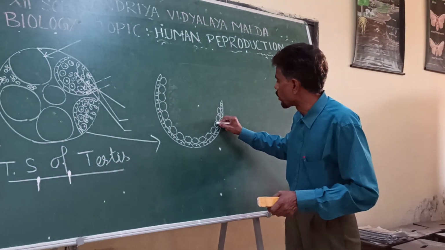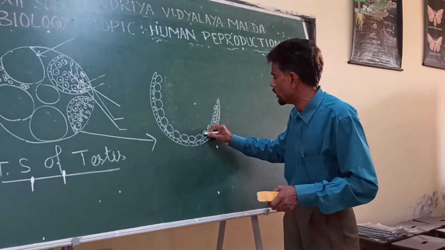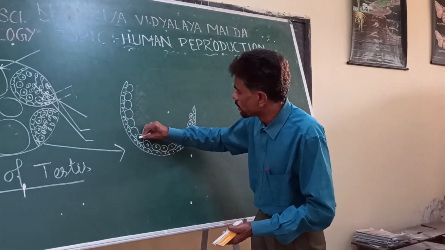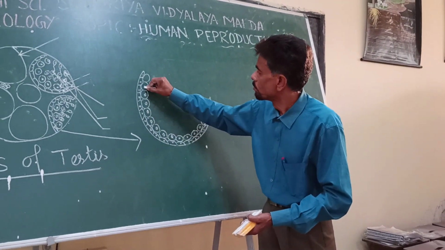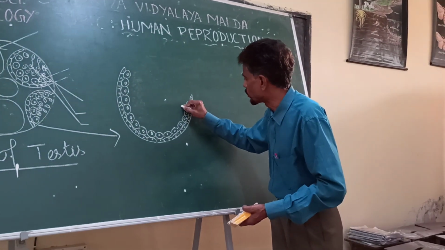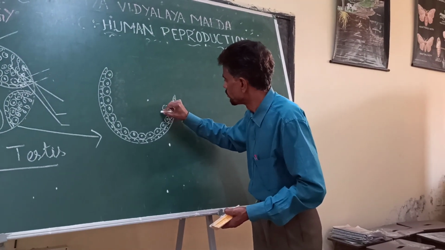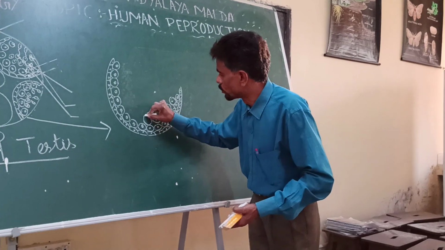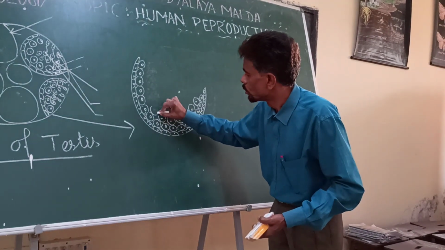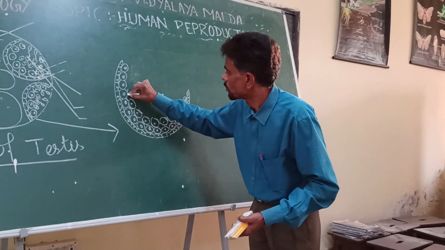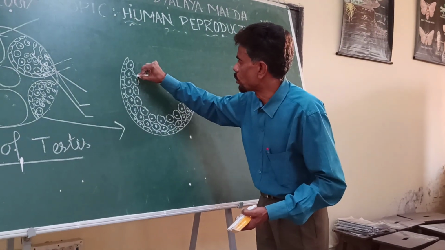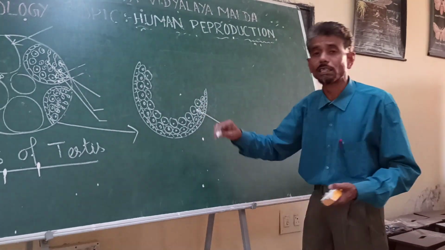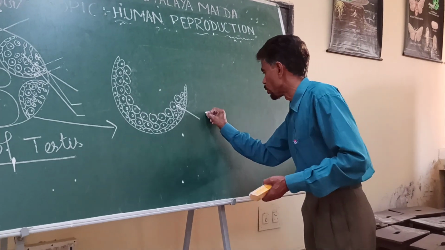So suppose this is now produced from the spermatogonial stem cell, B type, and so many will be produced like this. This will be called spermatogonia, otherwise called spermatogonial cell, or commonly the sperm mother cell.